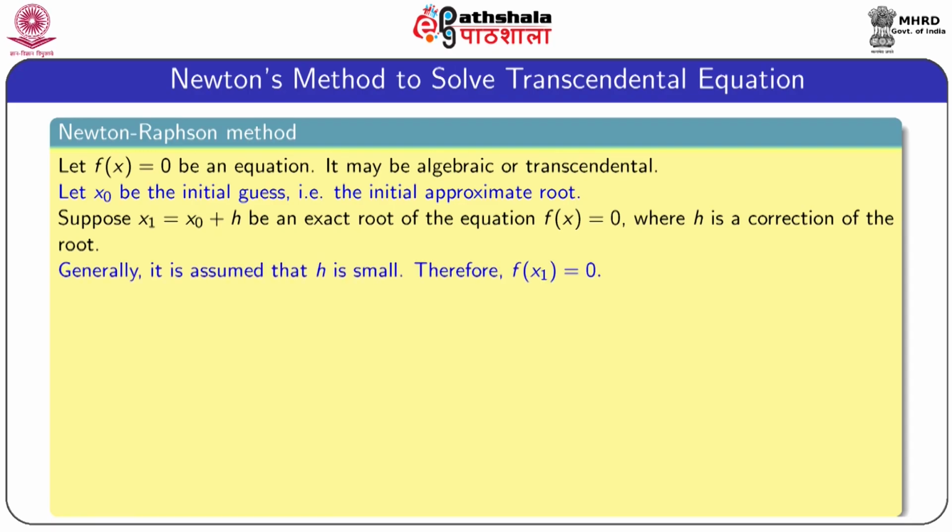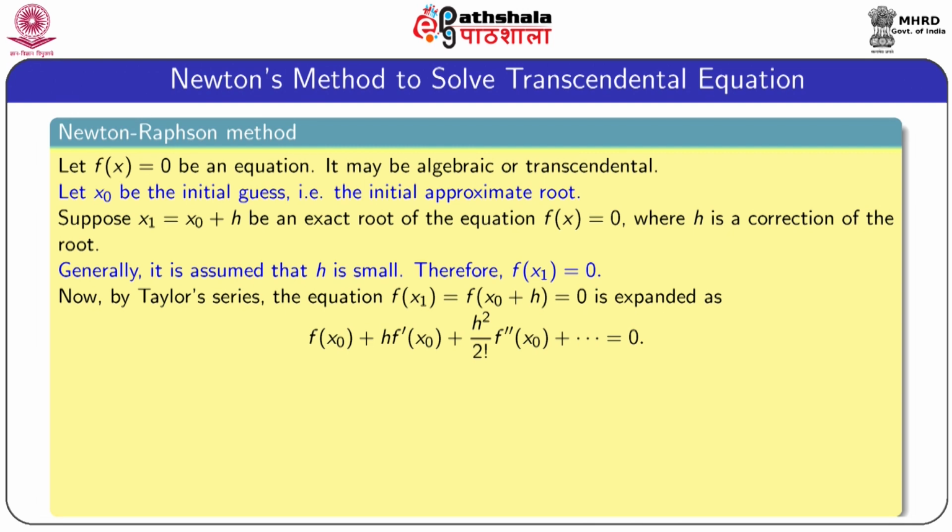Therefore, f(x1) = 0, or we can write f(x1) = f(x0 + h) = 0, and by Taylor series expansion this becomes f(x0) + h f'(x0) + h²/2! f''(x0) + ... = 0.